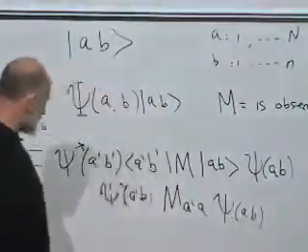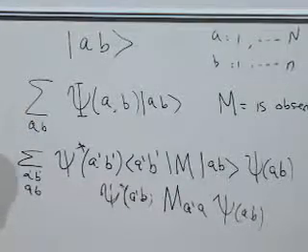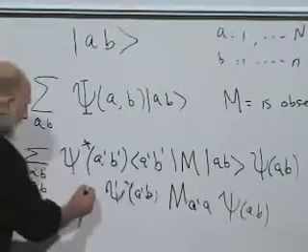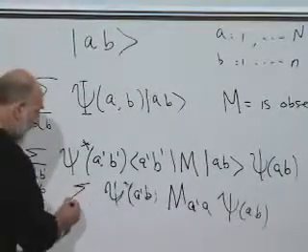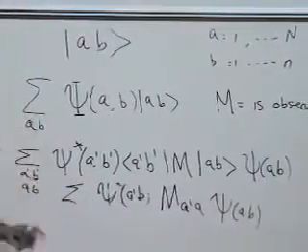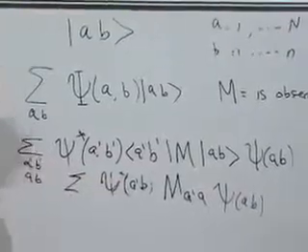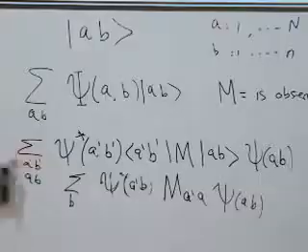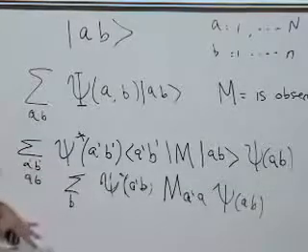B is just passive. Now let's go a little step further. This is still summed over B. It's also summed over A prime and A. But I want to ignore for the moment the sum over A prime and A and realize that this is a sum over B. It's also a sum over A prime and A. But let's do that later.